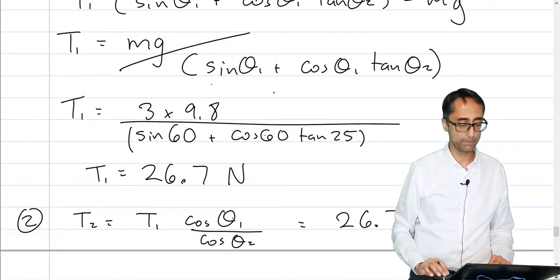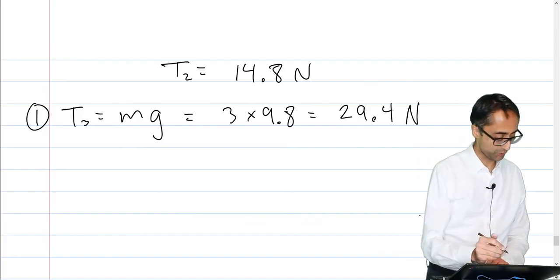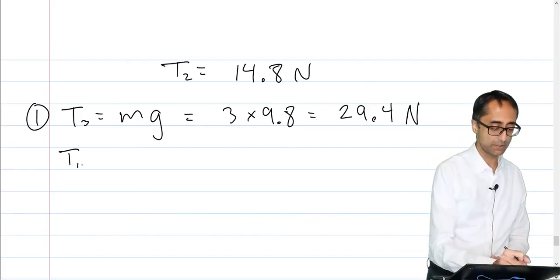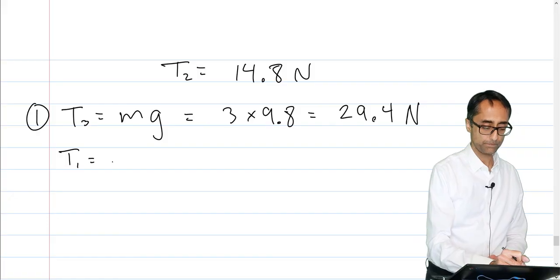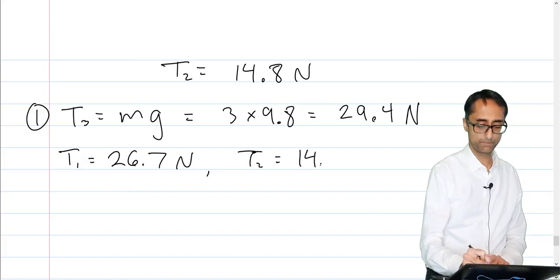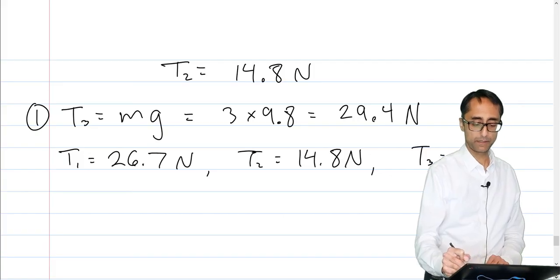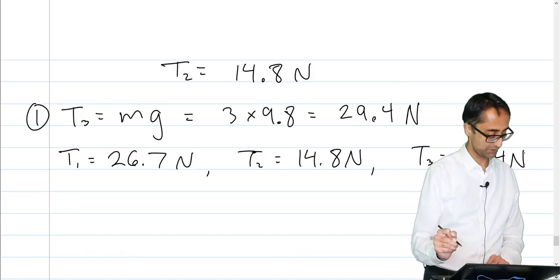With our T1 being equal to 26.7 newtons, T2 was 14.8 newtons. And finally, T3 is biggest of all at 29.4 newtons.